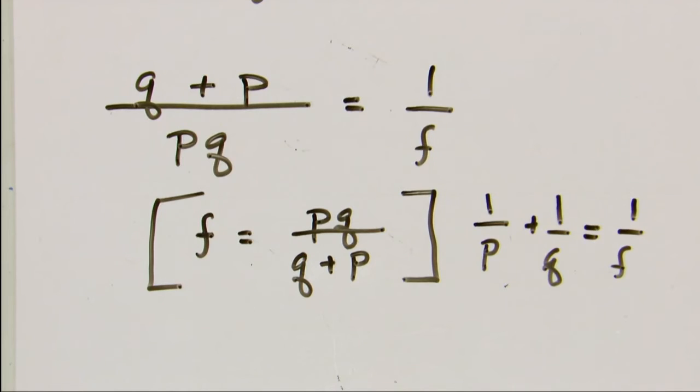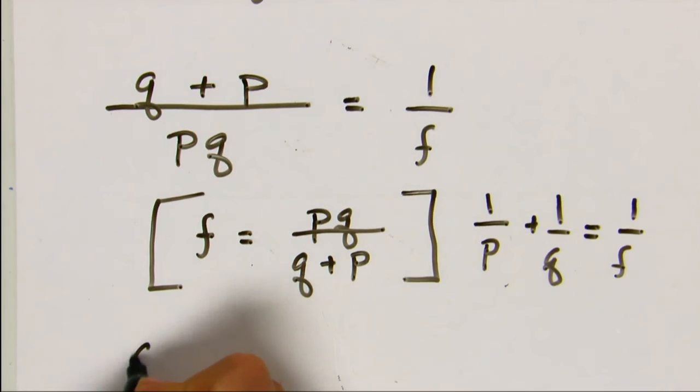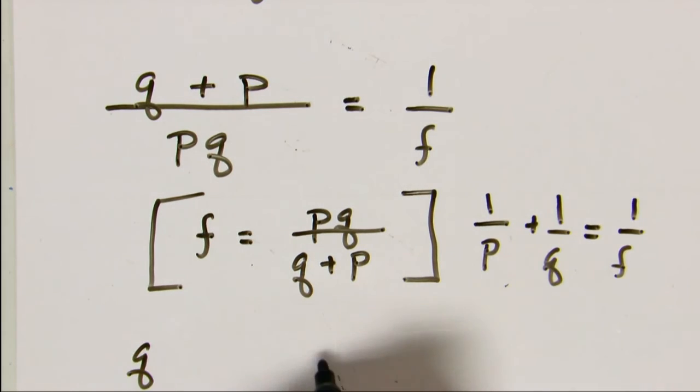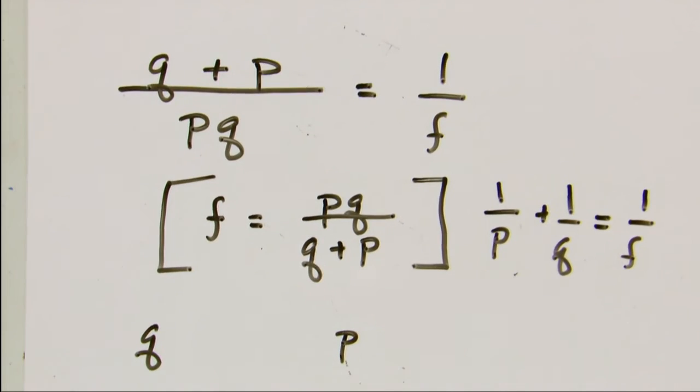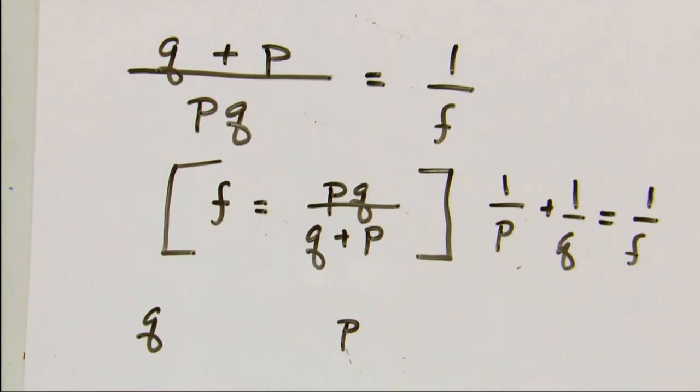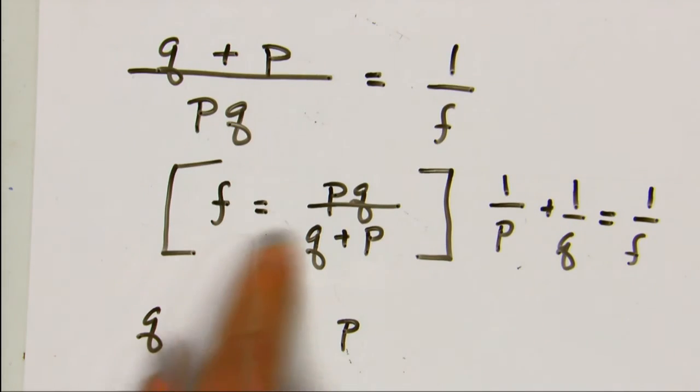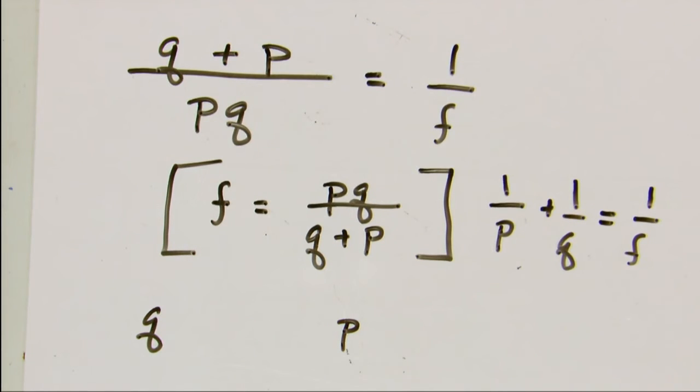And then you'll also see it solved for Q, and you'll also see it solved for P. So it's just a matter of what your problem is and how you want to work the problem. It depends on which way you want to have it on your cheat sheet.